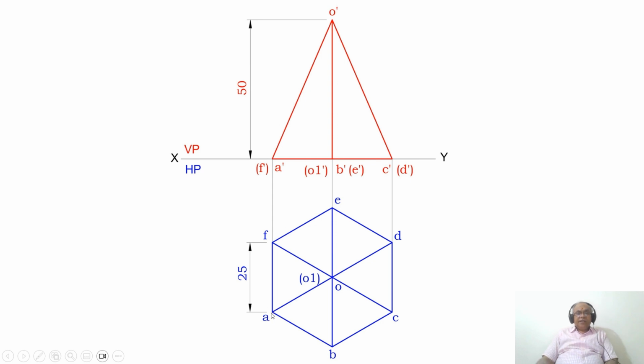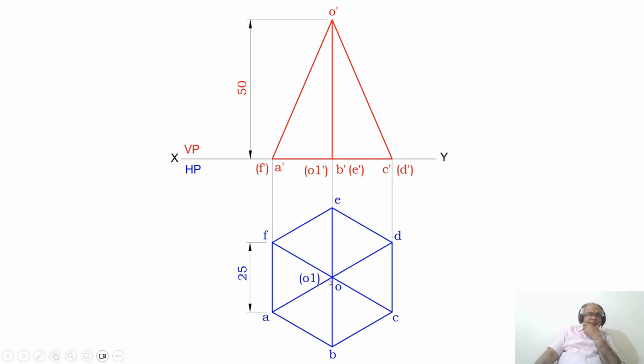Then join A to D with a dark line, similarly C to F and B to E with dark lines. All these 3 lines intersect at a point, and we mark that point as O and O1 in brackets.